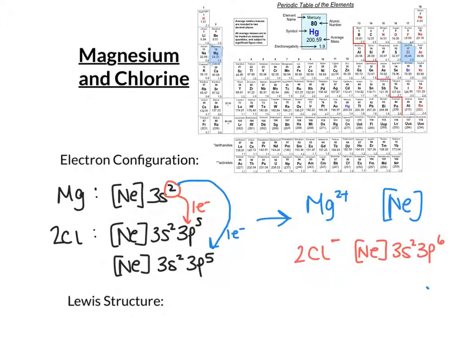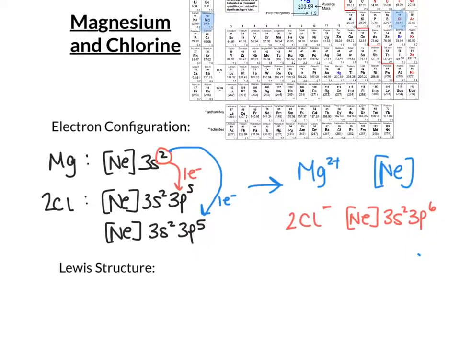Okay, so now we're going to look at the Lewis structure for each of these. So magnesium, its Lewis structure has 2 valence electrons. Chlorine, again, is in the 7th group, so it has 7. So I'm going to add my 7 valence electrons for chlorine. Okay, one of the electrons from magnesium is going to come and pair with that 1 unpaired electron on chlorine.